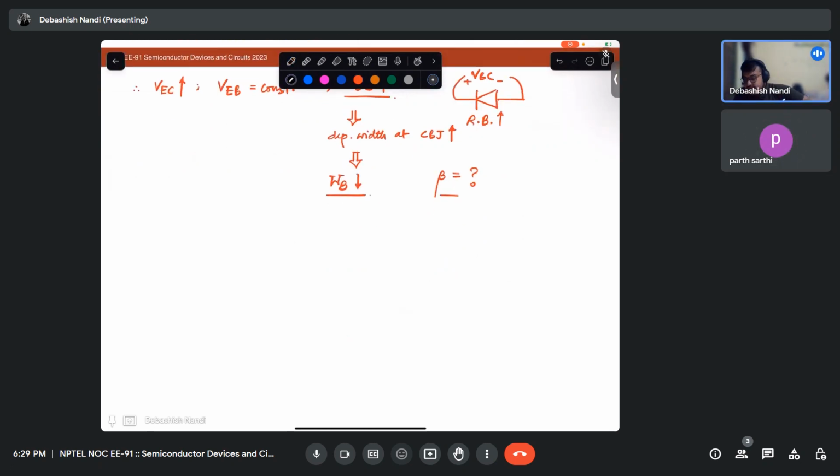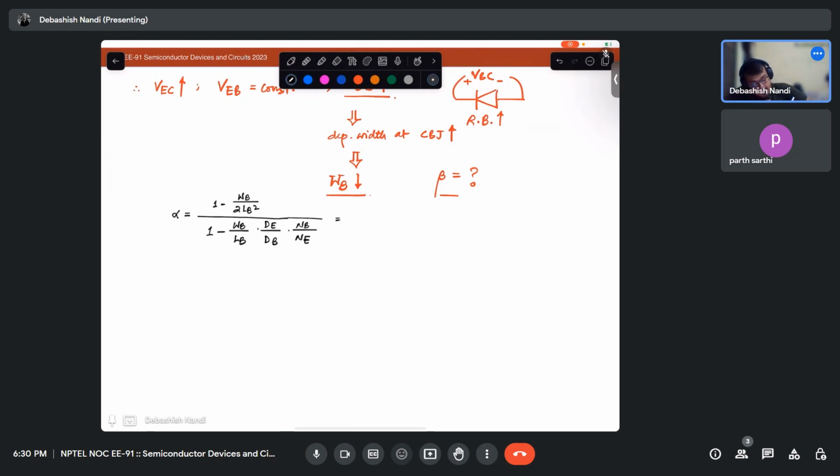If you have gone through the lectures, there is a relation: alpha equals 1 minus WB by 2 LB square, times 1 minus WB by LB, times DE by DB, times NB by NE.